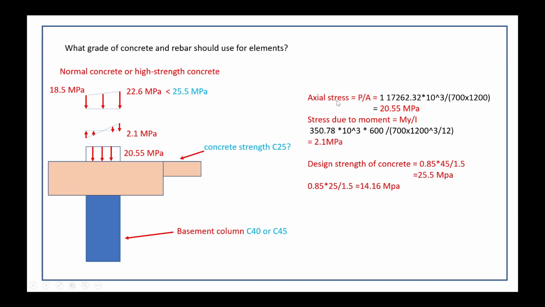The axial stress due to axial load is equal to P over A, where P is the ultimate load and A is the cross-sectional area of the section. It is equal to 20.55 megapascal.